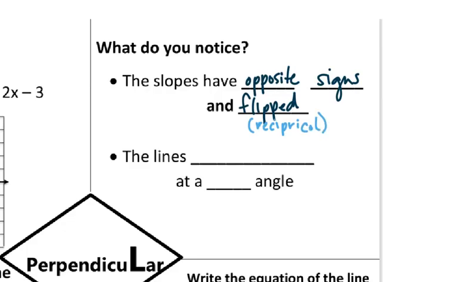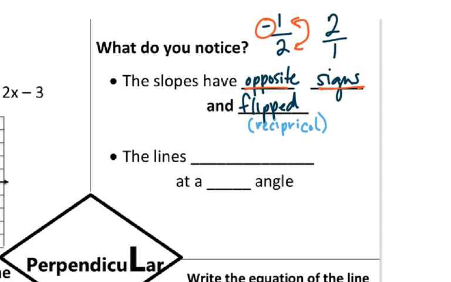Something like that, reciprocal. So in this one here, the slopes have opposite signs. One of my slopes was negative 1 over 2. Opposite signs. The other was 2 over 1. This one was negative. This one is positive. That's what opposite signs mean. Flipped means the numbers, it was 1 over 2, and now it's 2 over 1.